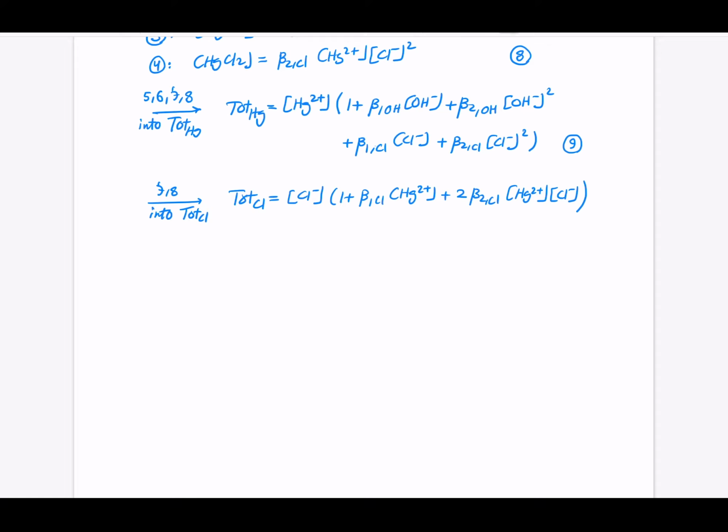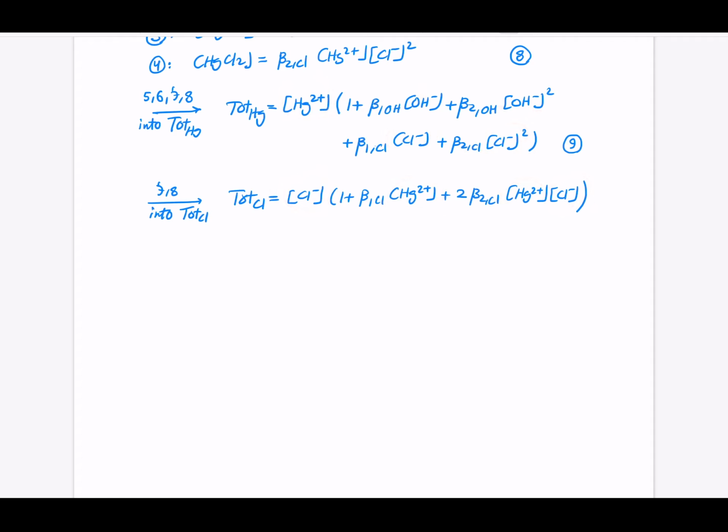So now if you look at it, this is basically a set of equations. Two unknowns, Hg2 plus and Cl minus at each pH. Because when you say at each pH, this is known. These are all known. This is unknown, and this one is unknown. The same thing here. These are unknowns.